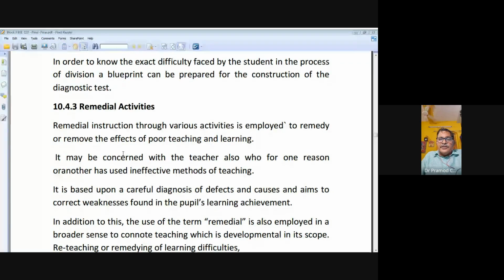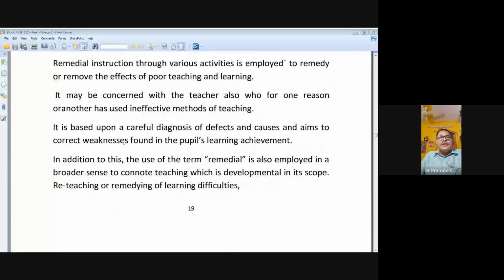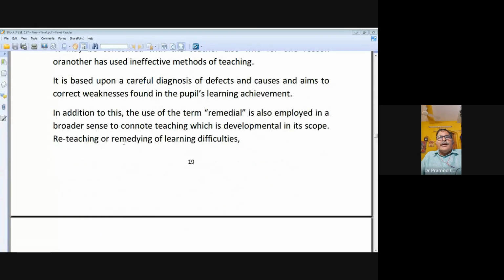If the teacher's teaching is very poor, then automatically the students will not get the benefit. If the method of teaching does not suit the child, you must change it, because you must consider the capability of the child, so that the child can learn more and more.